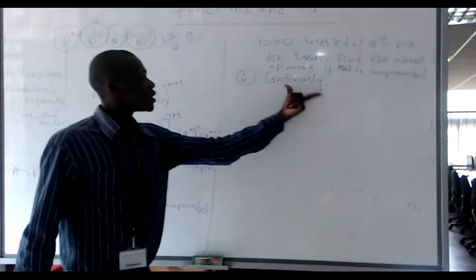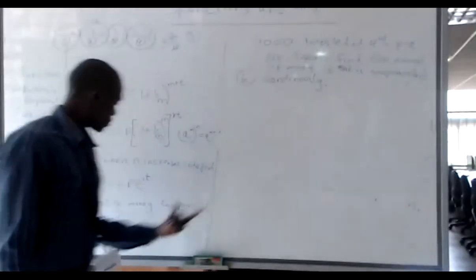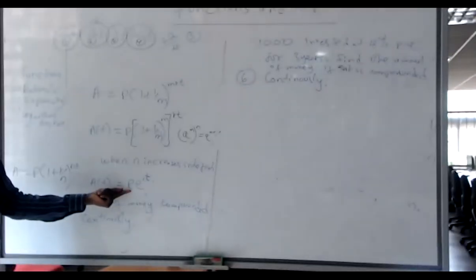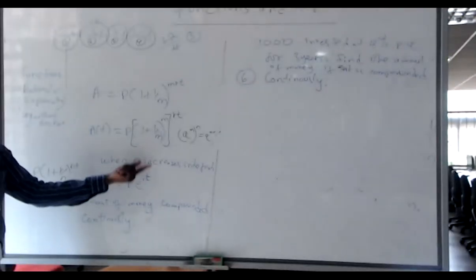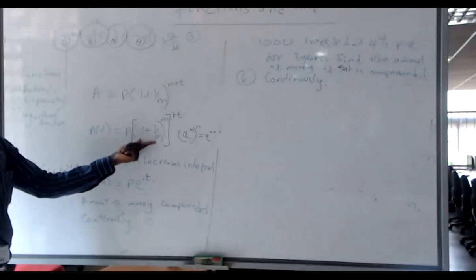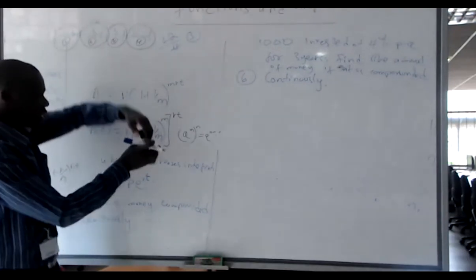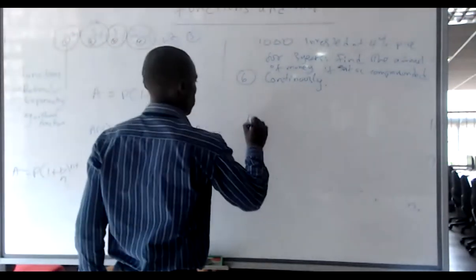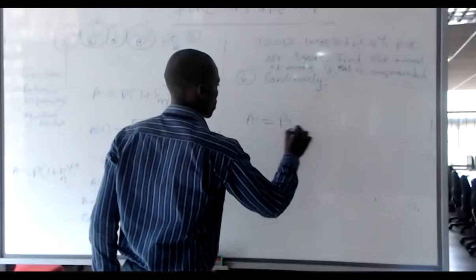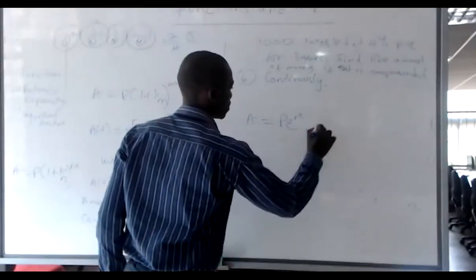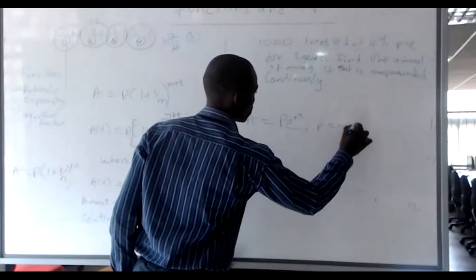Now if it is compounded continuously, we use this formula. A is P exponent RT, where the E comes from the definition of E itself, which is where this value approaches as m grows bigger and bigger. We know P is 1,000.